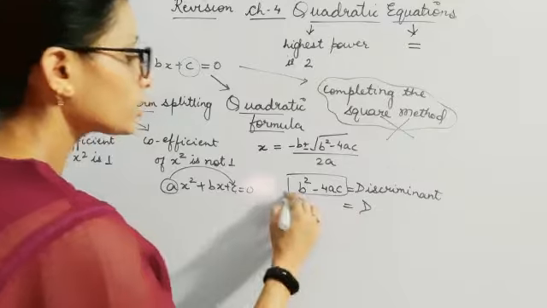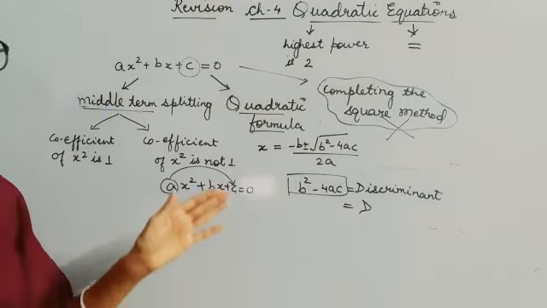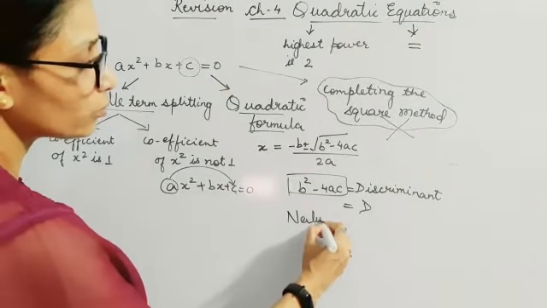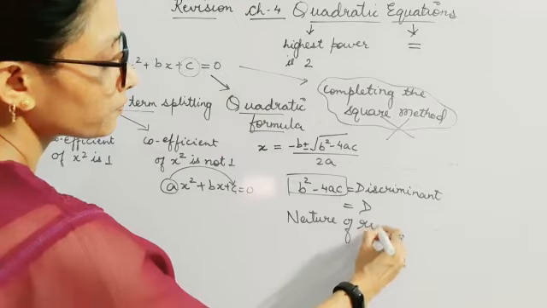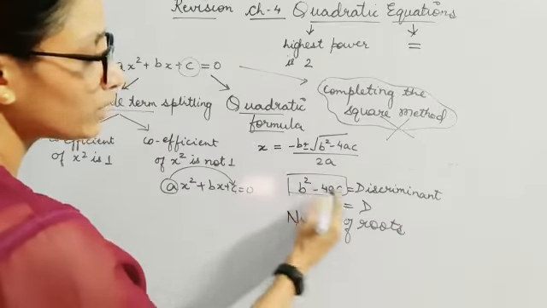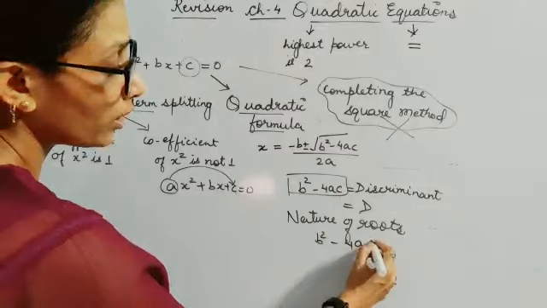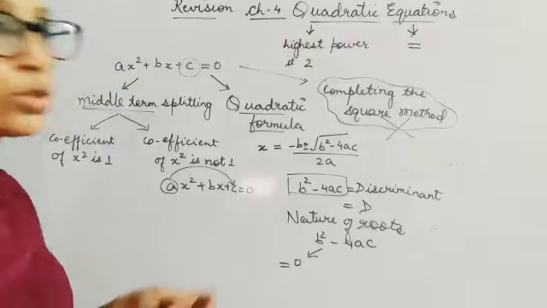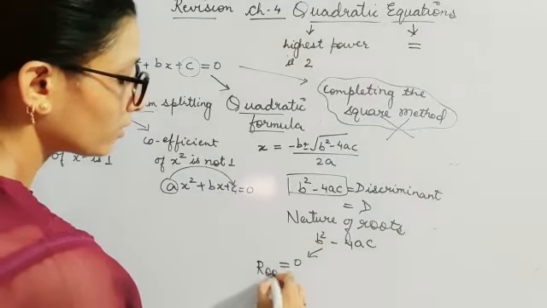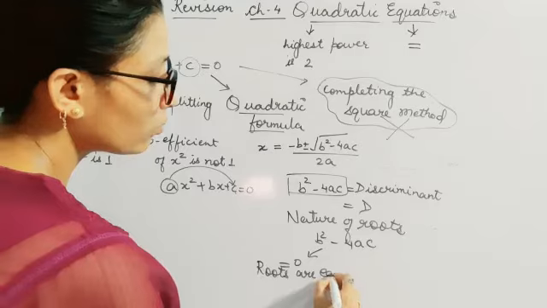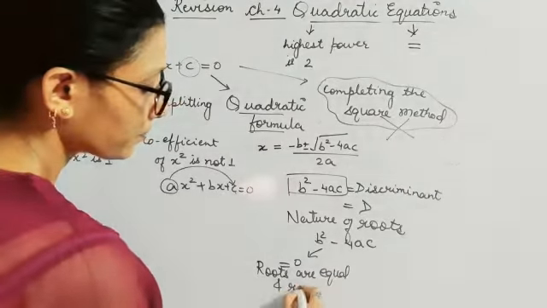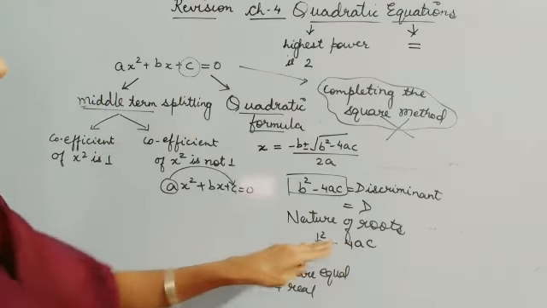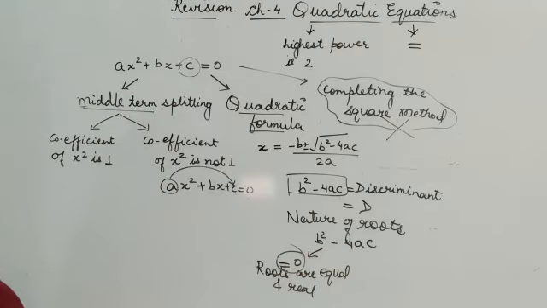So b square minus 4ac is also used in finding out the nature of the roots. Whenever you want to find out the nature of roots, you have to apply the b square minus 4ac formula. If after solution you get it equal to 0, then you say roots are equal and real.